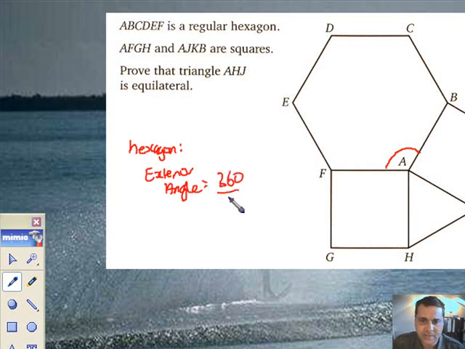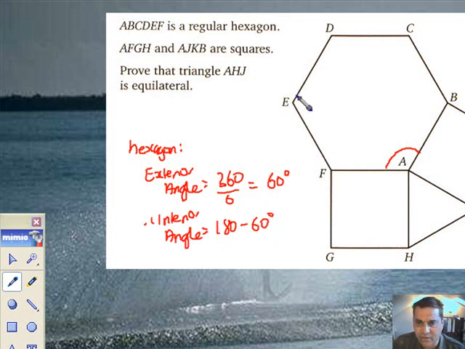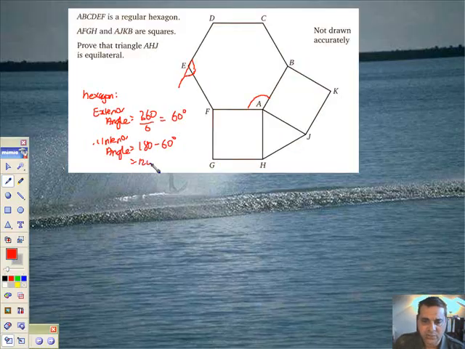It's 360 divided by 6. So the exterior angle is going to be 60 degrees, and therefore the interior angle is going to be 180 degrees take away the 60, because they're on a straight line. There you go. Interior, exterior, all on a straight line. And that's going to give us 120 degrees.